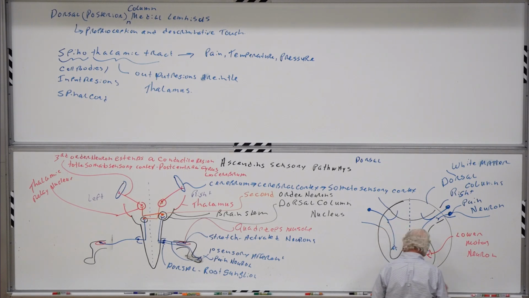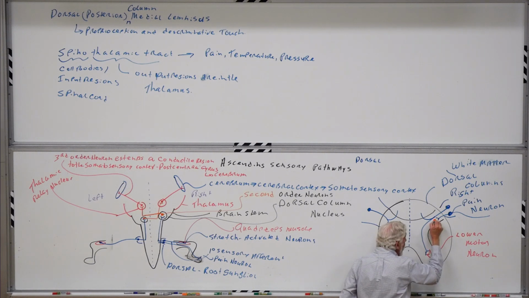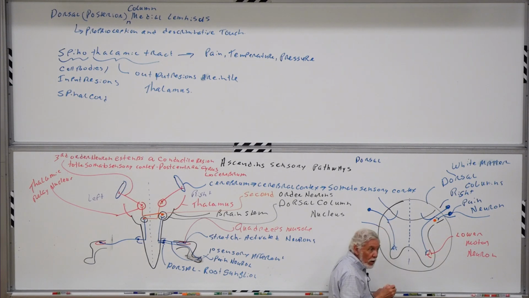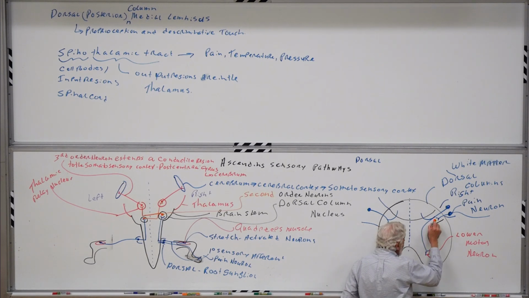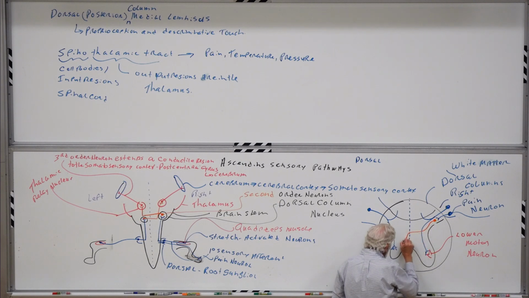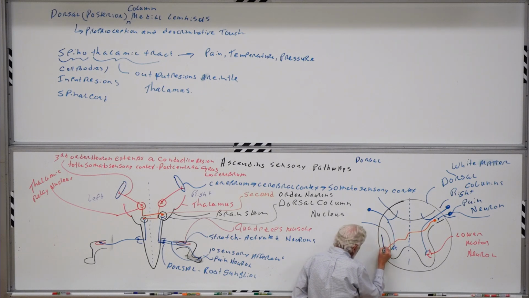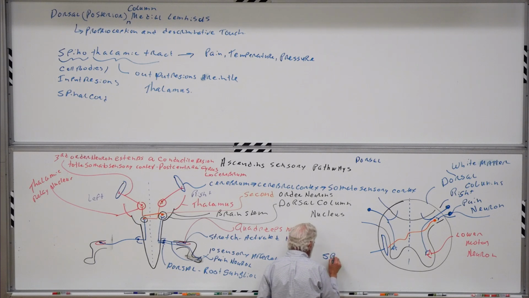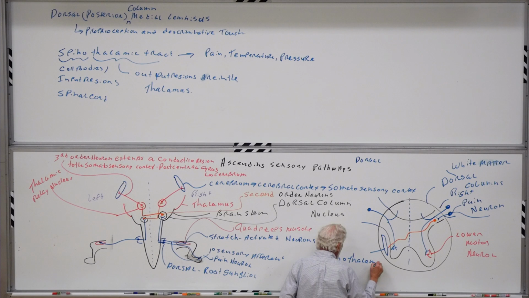And in the dorsal horn, this primary sensory afferent synapses onto a second-order neuron. Remember the rule: second-order neuron always crosses the midline. This second-order neuron wends its way across the spinal cord and enters a region down here known as the spinothalamic tract.